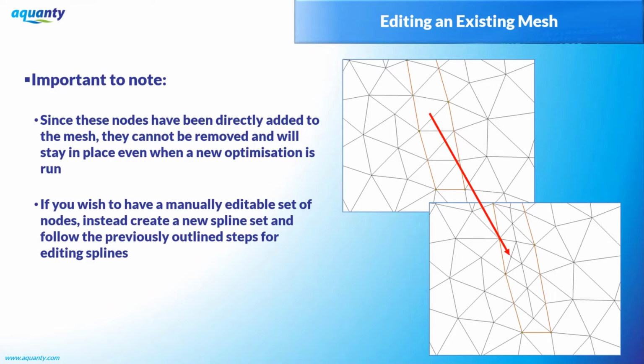Then once you're happy with them, you can save it, and then you can add that spline set to the mesh instead. So that gives you a little more control if the points you've created don't produce exactly the result you were hoping for. You can go back and change that.